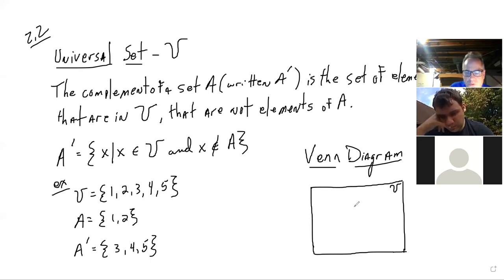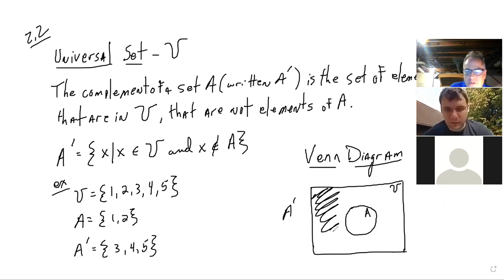So if I were to draw a Venn diagram to represent a complement, I would use a circle. Everything within the circle is the set A. Then what you do is you're representing what the elements are in the particular set you're using the Venn diagram to represent. You shade it. Since we're wanting everything outside of A in the universal set, I just would shade everything outside.